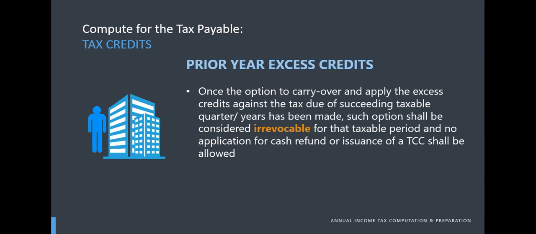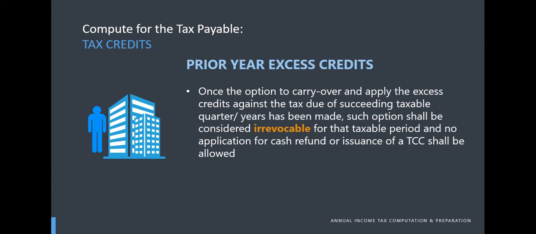So, once the option to carry over and apply the excess credits against the tax due of succeeding taxable quarter or years has been made, the option shall be considered irrevocable for the taxable period and no application for cash refund or issuance of a TCC shall be allowed. So in the ITR, there are three options under the tax payable or overpayment.